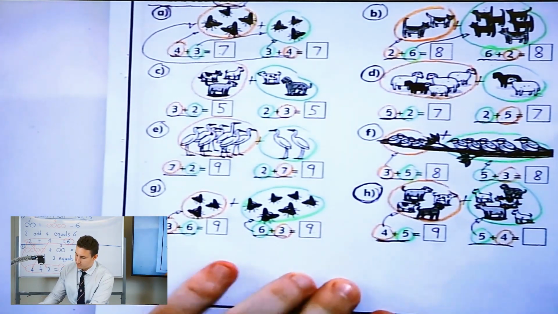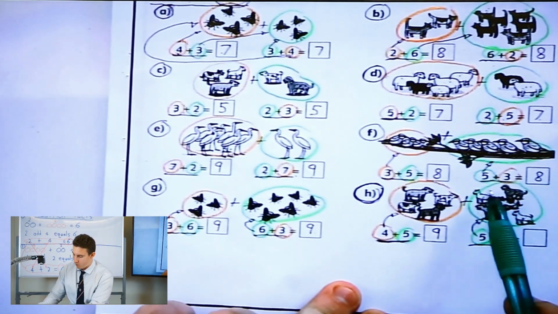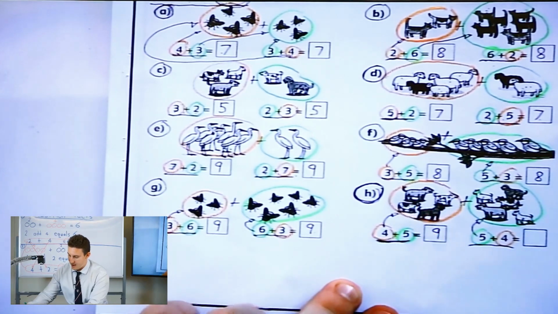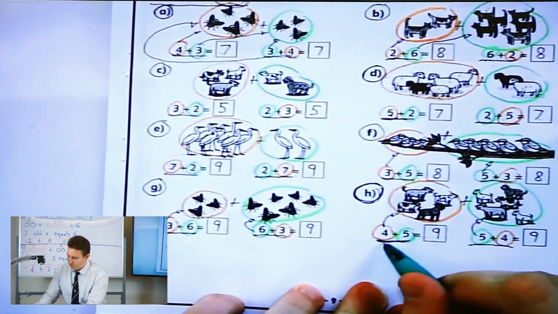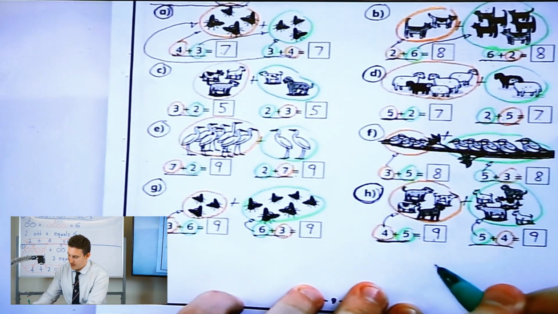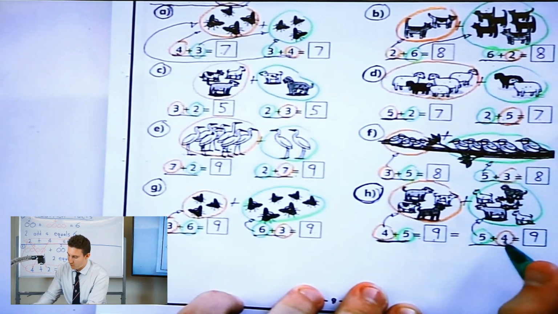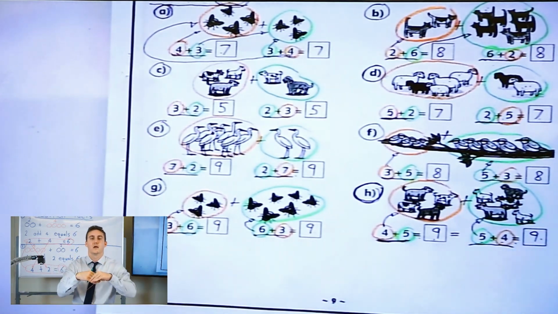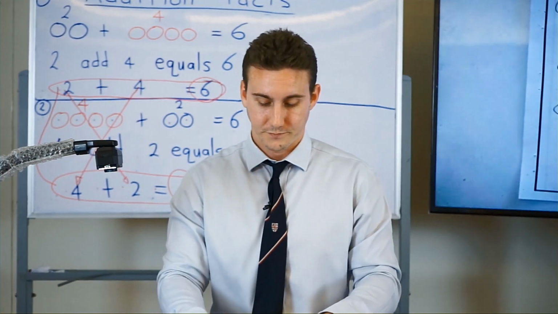So let's count the total together. 1, 2, 3, 4, 5, 6, 7, 8, 9. Very good. So you'll see that 4 plus 5 equals 9 is the same as 5 plus 4 equals 9. Okay, the order has changed, but again, the answer is the same.